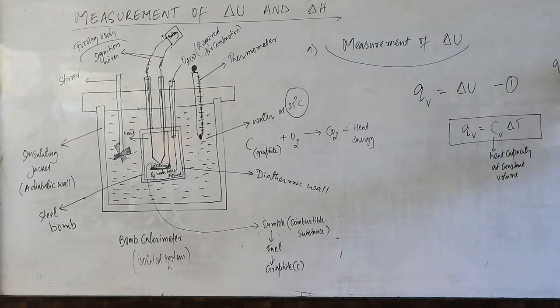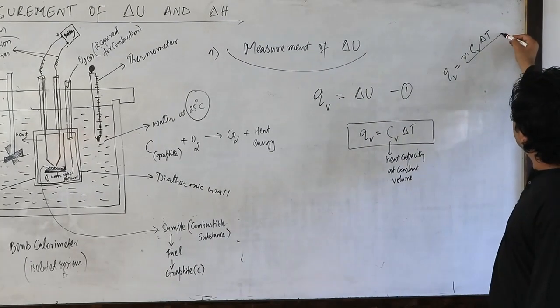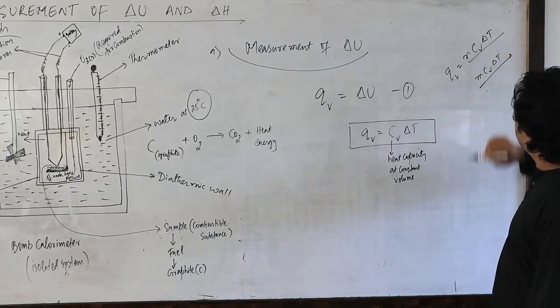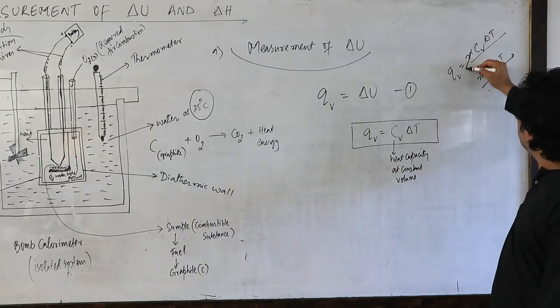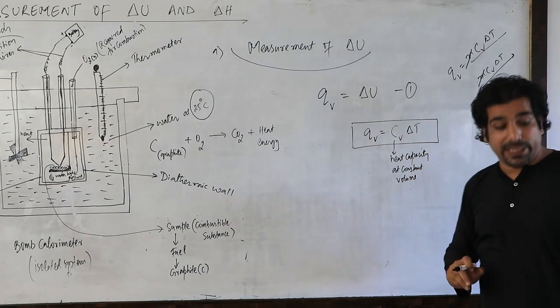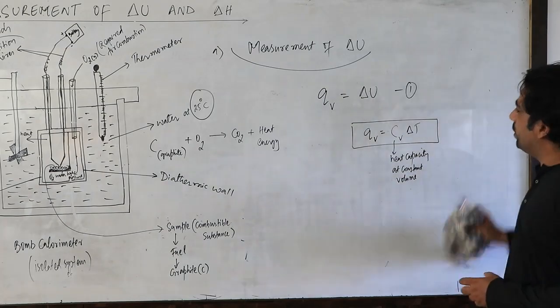If I write down Qv is equal to m Cv delta T, then it becomes specific heat capacity. If I write n Cv delta T, then it becomes molar heat capacity, my dear friends. But if I don't mention m or n, I will write down directly Cv delta T, it becomes heat capacity. Please remember that.